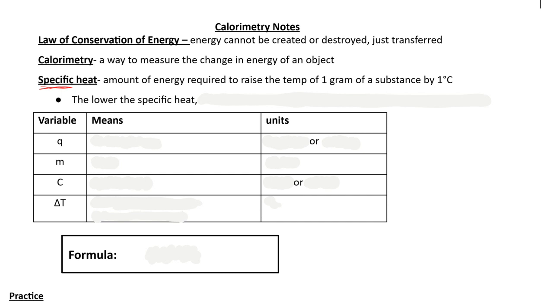degree Celsius. So this is like if I was cooking, and when I am stirring something, I use a wooden spoon because even if I put a lot of energy into that wooden spoon, it's not going to change its temperature very much and I can still hold it in my hand. It has a high specific heat. It takes a lot of energy to change the temperature of that wooden spoon.